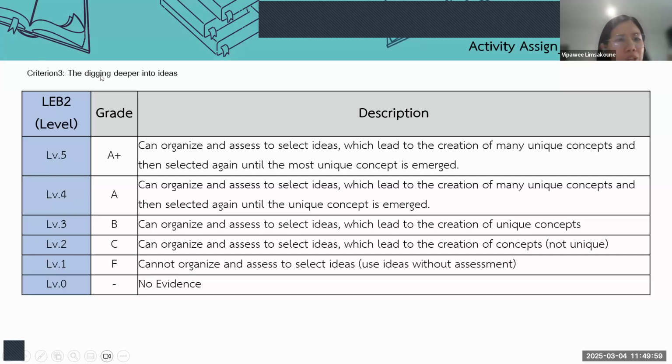The other is that I look into whether you are digging deeper into the idea, whether you analyze your idea, whether you can organize and assess the idea, which leads to creation of many unique concepts. And then you select again until the most unique concept emerges. Okay, so you need to use both thinking tools and idea selecting tools. Okay, that is, use the tool for thinking and recording ideas, and the tool for selecting ideas.